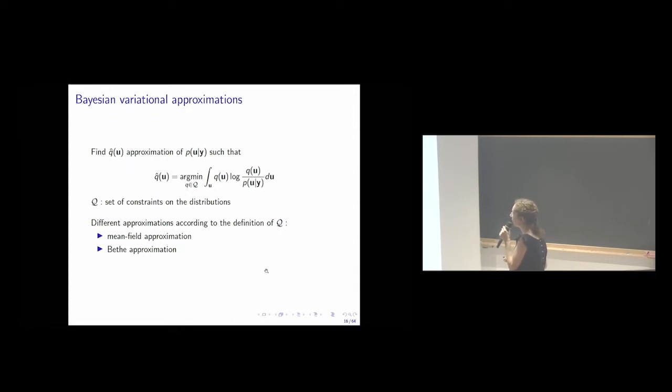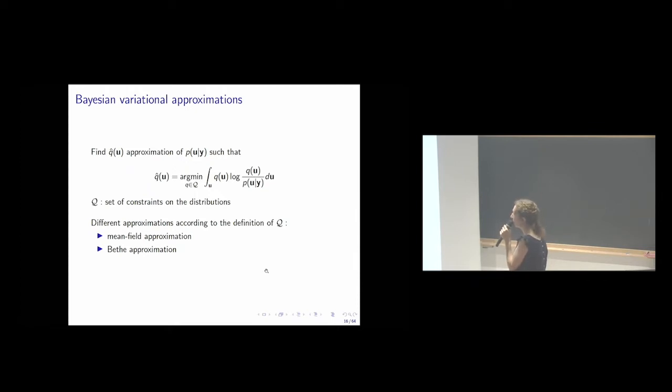So one way to build this approximation is to say, okay, I want to minimize the Kullback-Leibler divergence with my target. And because it's sometimes difficult, I could add some constraints over the distribution I want to build. If Q is equal to the set of all probability densities, then naturally Q will be equal to the posterior distribution.